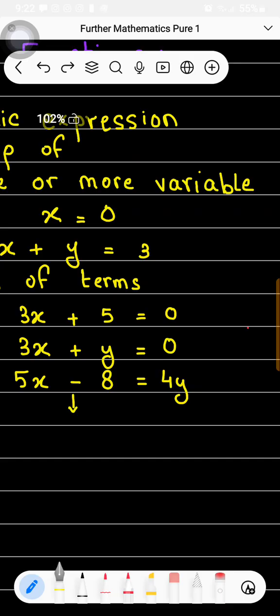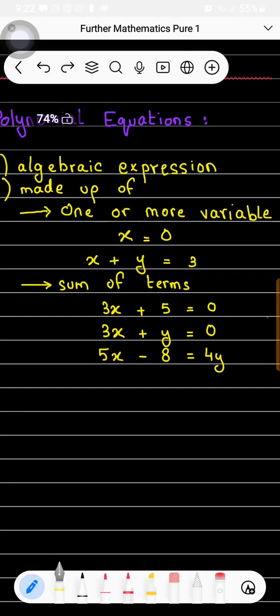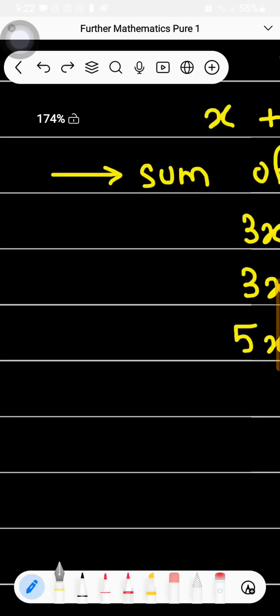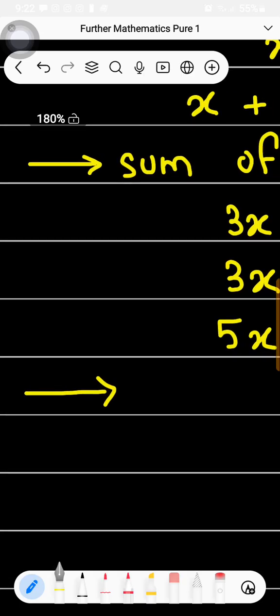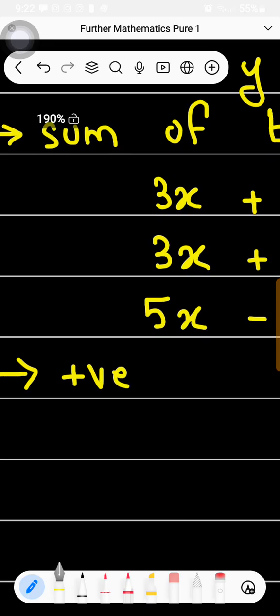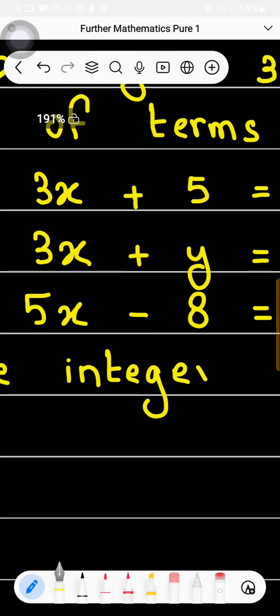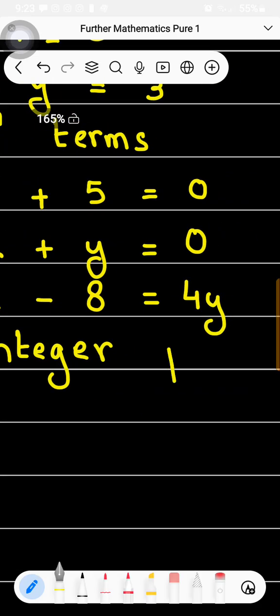Now let's move to the third and last condition of determining if the equation is a polynomial equation or not. The third condition is positive integer power of variable.